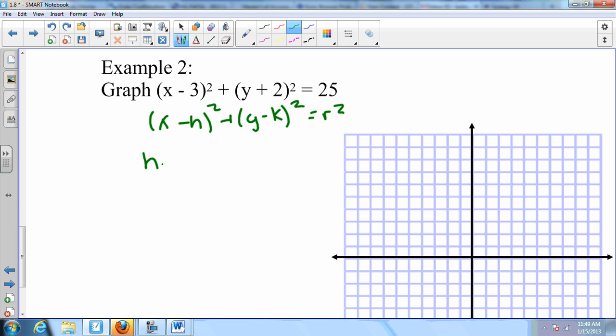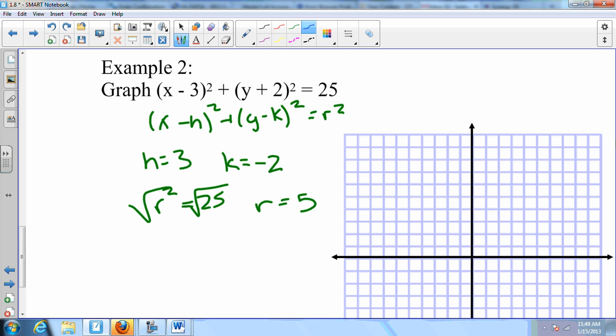So h is 3, k is -2, r squared equals 25, so r is 5. So we put h and k together for our center, (3, -2).